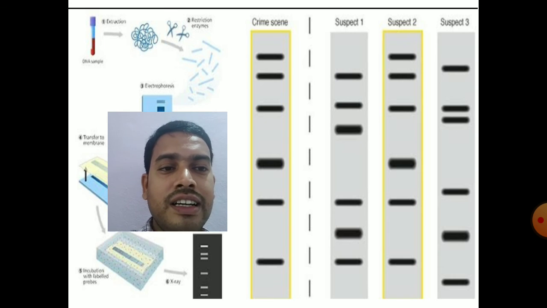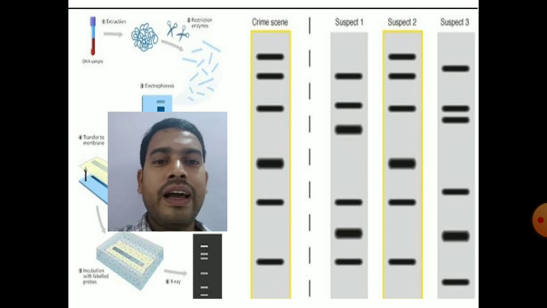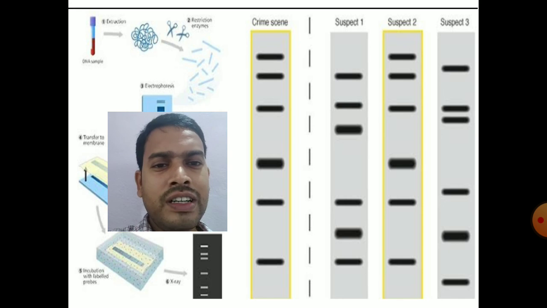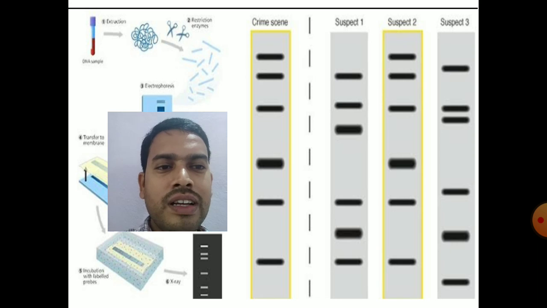This technique became a vital technique after its invention, and it is followed till today, though it is old, from the 80s, that is 1986. It still gives accurate results for the identification of criminals, paternal issues, and some other types of biological studies.